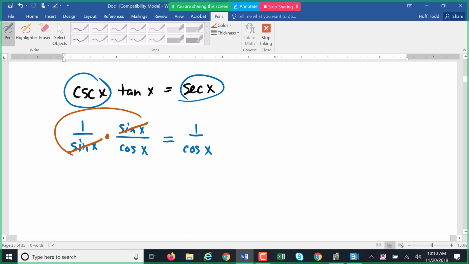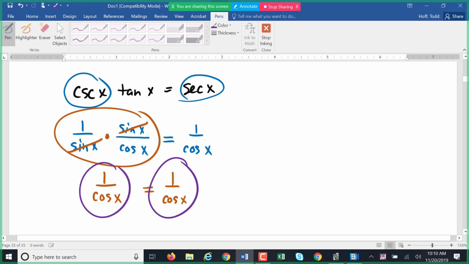So on the left side, that leaves me with just 1 over cosine x. Well, on the right side, that's what I already had, 1 over cosine x. So I have just verified that identity because, by replacing things with their equivalents, I have come up with two expressions that are exactly the same on each side of that equation.